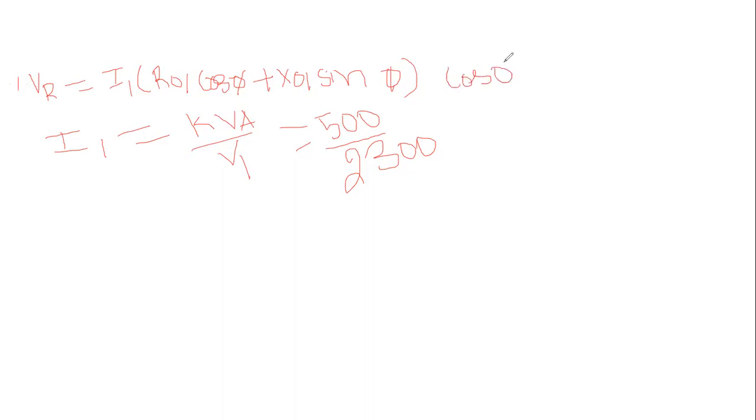Cos phi is equal to 0.8, so phi is equal to cos inverse of 0.8, which is 36.86 degrees. The sine of this angle is equal to 0.6.